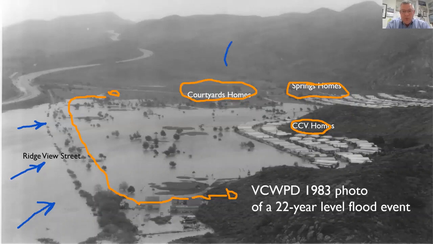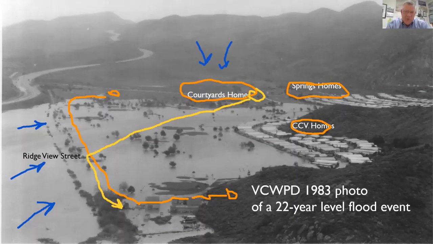So there's flow coming off the mountains for Camarillo Springs, and we pick that up in our debris basin and in our bypass pipeline. That pipeline runs through the proposed project and outlets into Conejo Creek.